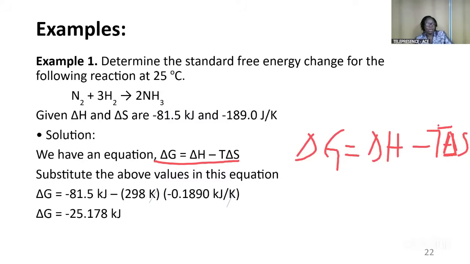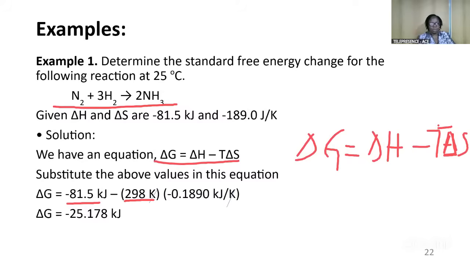Substitute the values because, interestingly, this is also a balanced chemical reaction. Because that is balanced, you only need to substitute for delta H in this equation, and this is delta H in kilojoules. You also have to bear in mind the units of these parameters. And the temperature is said to be 25 degrees Celsius, that's 273.15 plus 25.